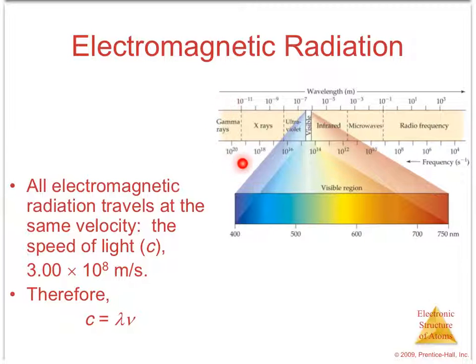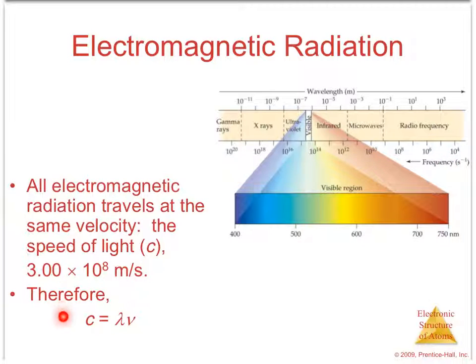X-rays, for example, have very high frequency, and consequently a very small wavelength. And then you can go to the other end of the spectrum and talk about radio waves, which would be essentially the opposite. Very long wavelengths, on the order of thousands of meters in length, and therefore the frequency is not going to be very high.